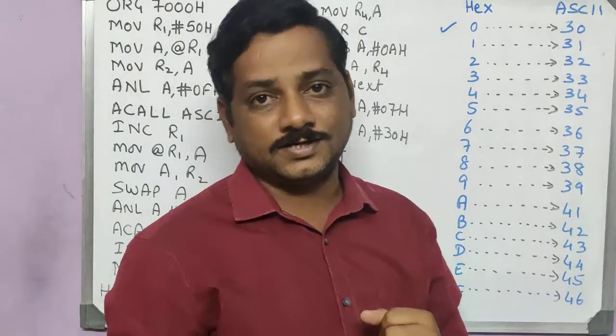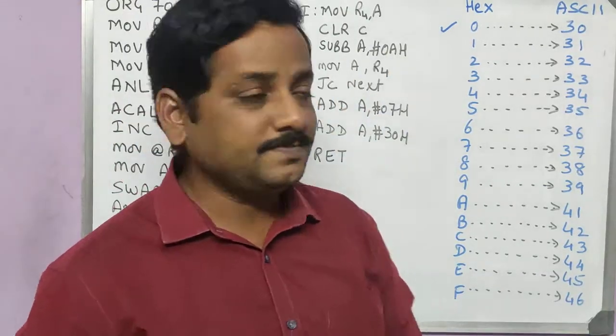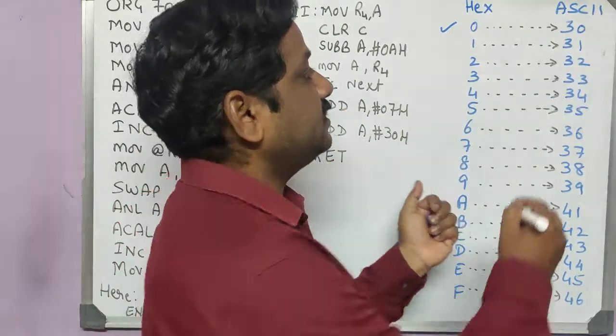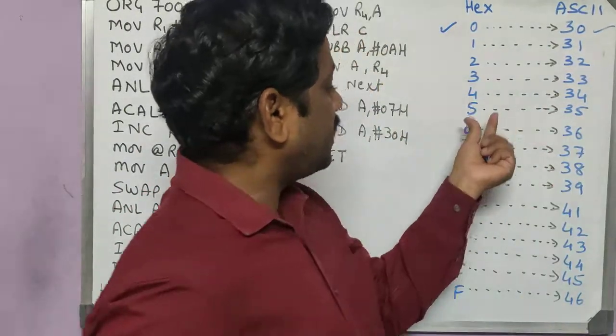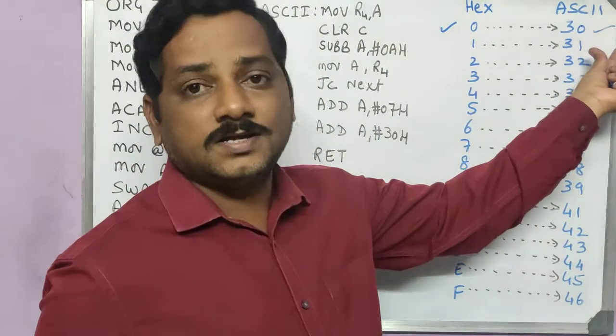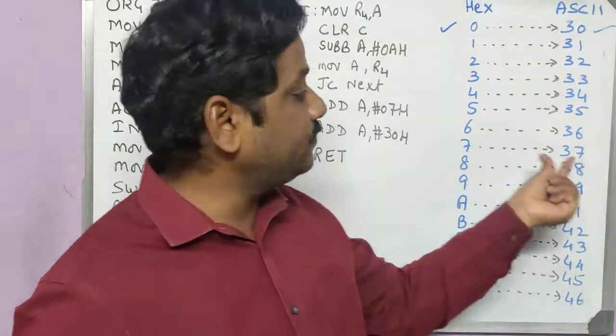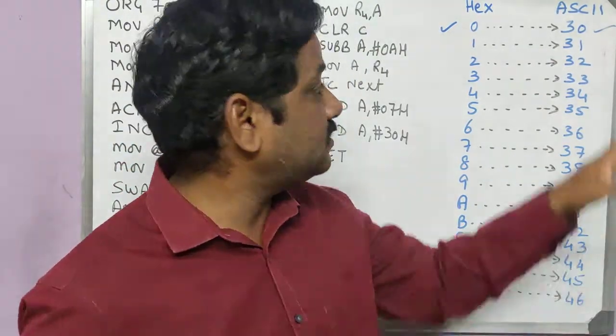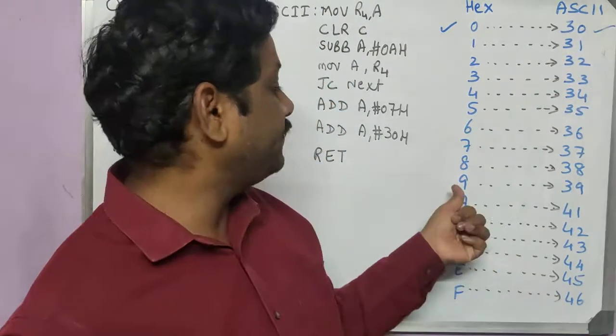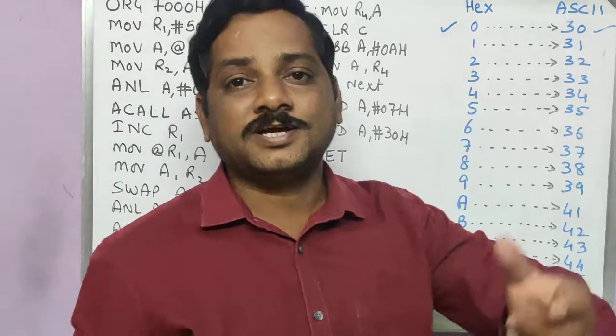First you need to know that. In ASCII, 0 is represented as 30. If it is 1 in hexa, in ASCII it should be 31. If it is 8 in hexa, it should be 38 in ASCII. These are the predefined values. If it is 9, in ASCII it is 39.